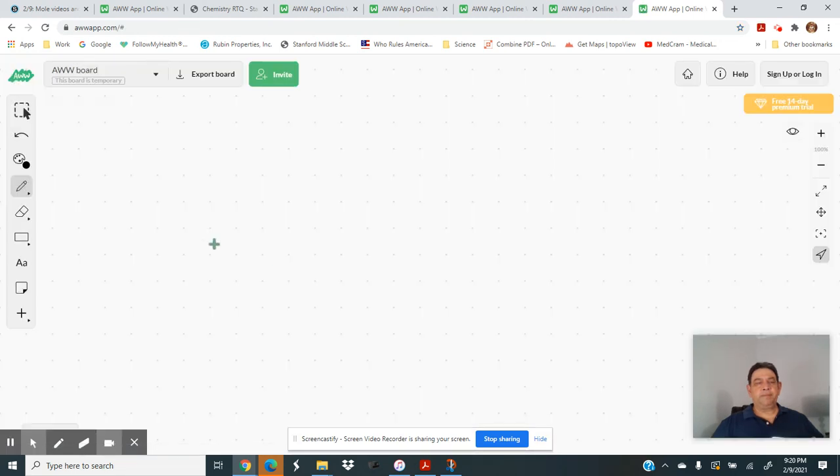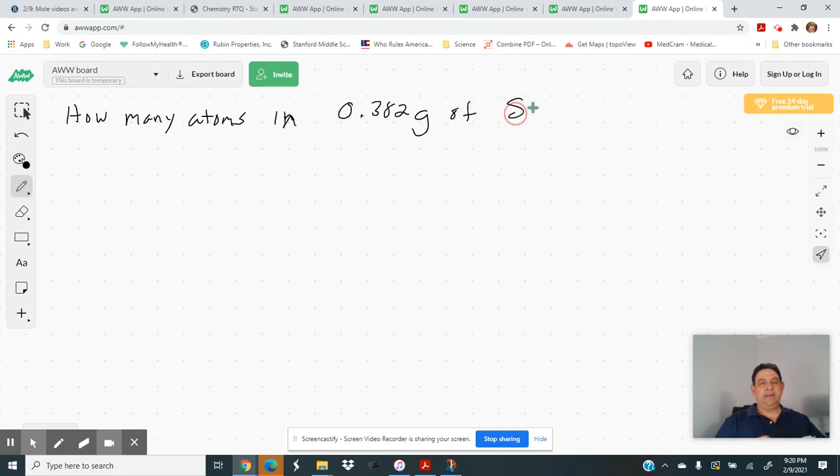All right, so let's see. We're going to do this one. How many atoms in 0.382 grams of silicon?